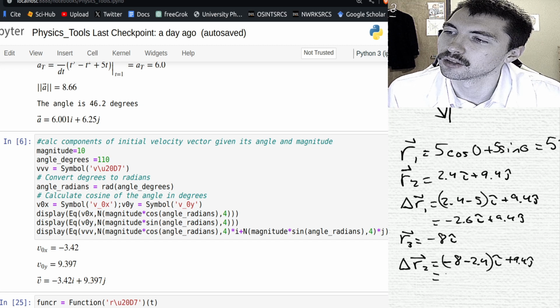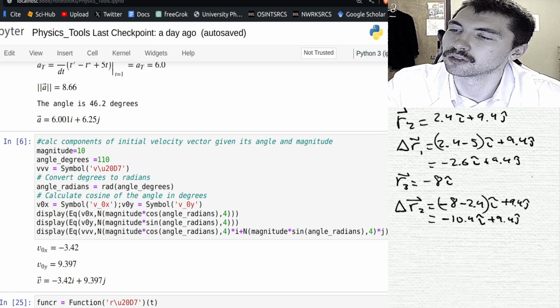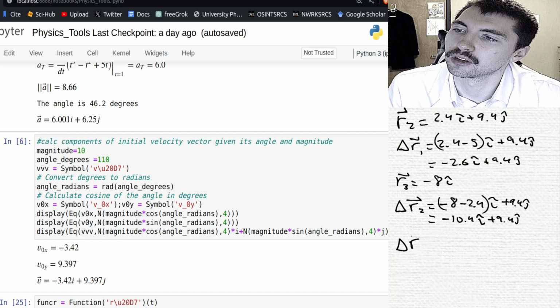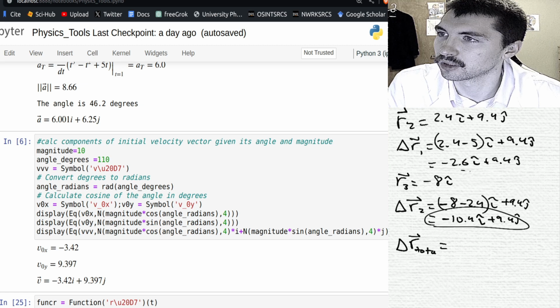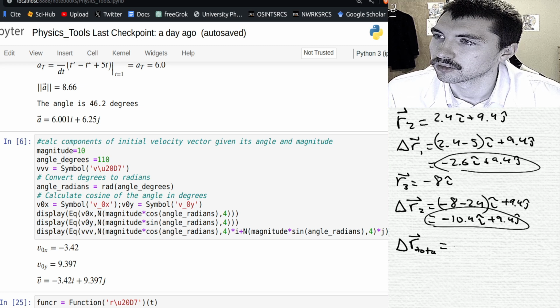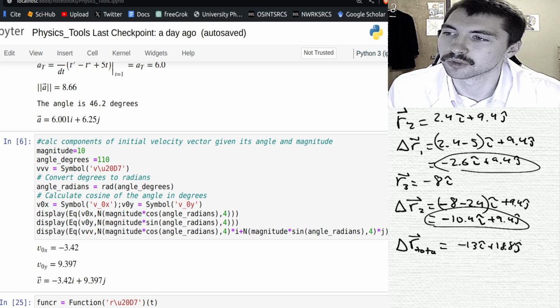Okay, so that's going to be negative 10.4i. Okay, so then delta R total would be this plus this. So I'm getting 12, I'm getting negative 13. Which is not what the book's getting.